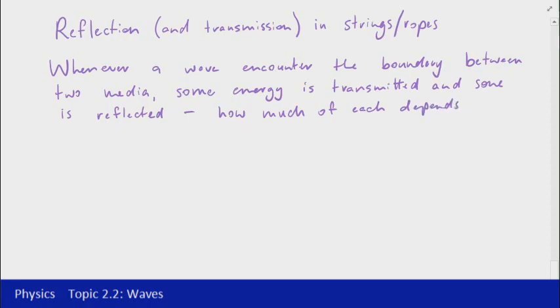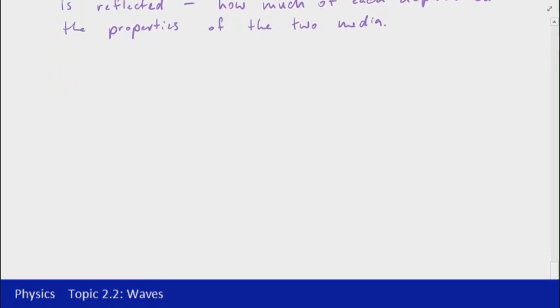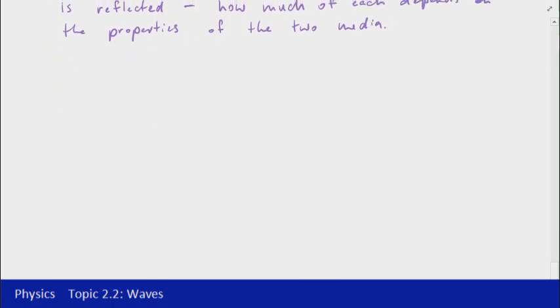The amount that's going to be reflected and the amount that's going to be transmitted will depend on the properties of the two media themselves. Now, rather than write lots of notes about what's going to happen with reflection and transmission, I'm just going to have a look at some examples.